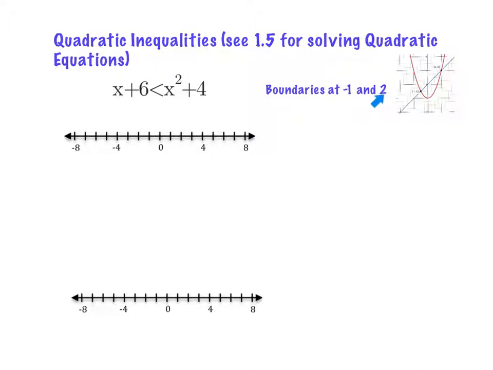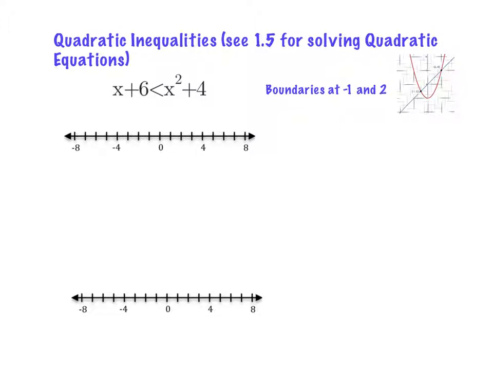This gives you the boundaries of -1 and 2. So if I were to have solved x plus 6 equals x squared plus 4, got everything to one side, and solved that using quadratic formula or factoring, I would have ended up with x equals -1 and x equals 2.